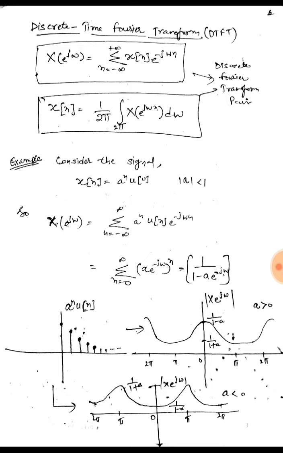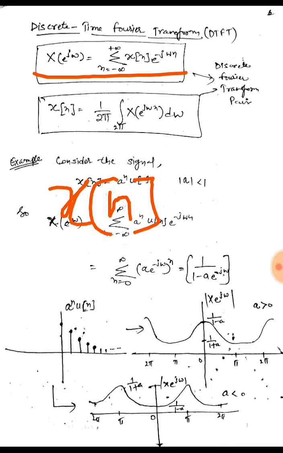So if I have a signal x[n], a discrete signal in the time domain, then its Fourier transform will be represented as this one, that is summation.